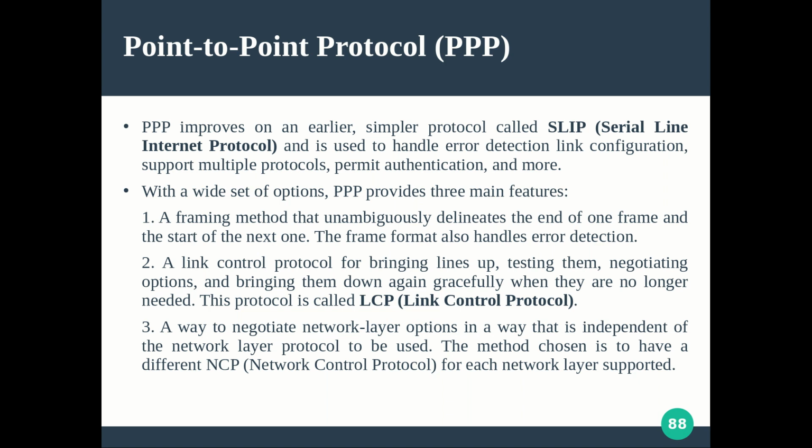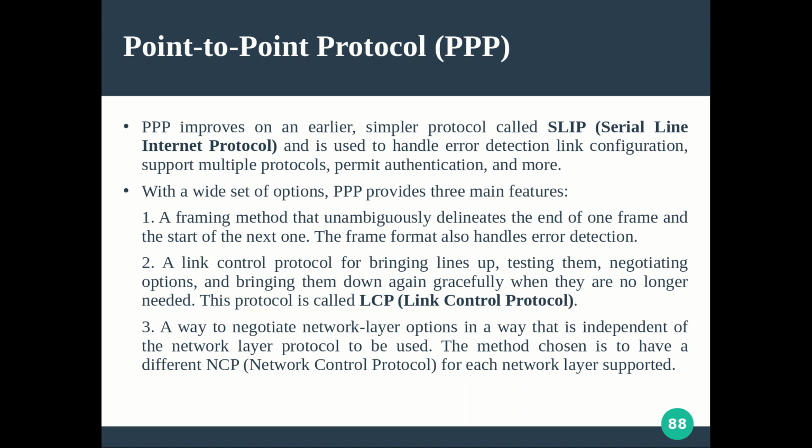For the time being, I will be using IP as the core protocol for my network layer, and sometimes in some other situation or a different network architecture, I will be using some other network layer protocol, but still the same point-to-point protocol has to run in the data link layer. It achieves this by using a different network control protocol, NCP, for different types of network layer protocol. By looking at the network layer protocol, it will deploy the network control protocol that matches that particular network layer protocol.